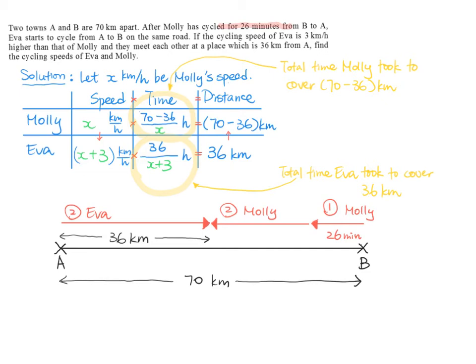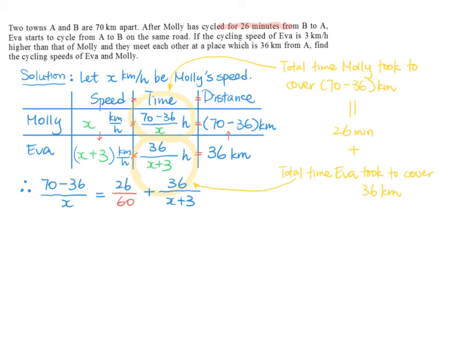These two times are not exactly the same because Molly has already cycled for 26 minutes before Eva has even started. So the relationship would be like this. And so our equation would be like that. Notice that the 26 minutes has to be converted in terms of hours because all of these are in terms of hours. Then as we proceed, we first simplify this part and this part.